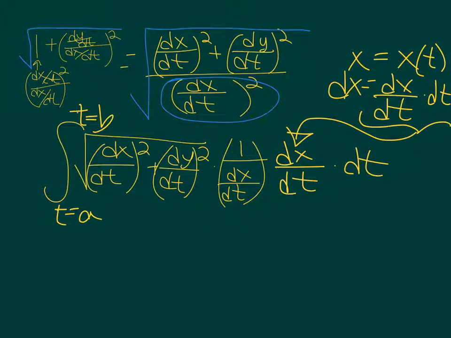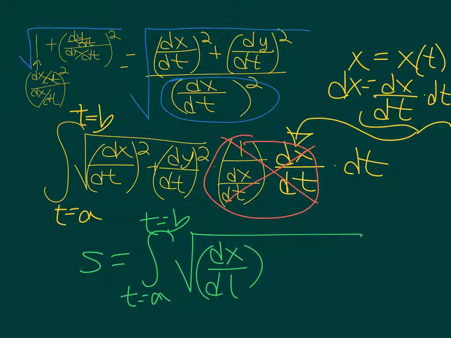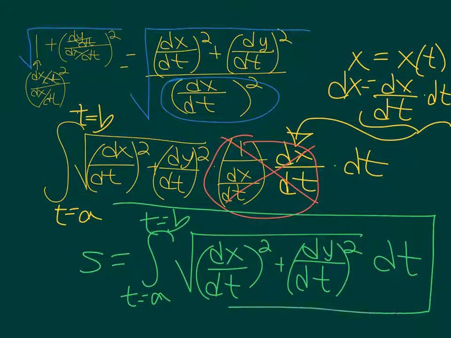And the nice thing about this is the 1 over dx/dt cancels with the dx/dt. And so what are we left with but this beautiful formula: the arc length is equal to the integral from t equals a to t equals b of the square root of dx/dt squared plus dy/dt squared dt. So let's make a note of that formula and let's see how to use it.